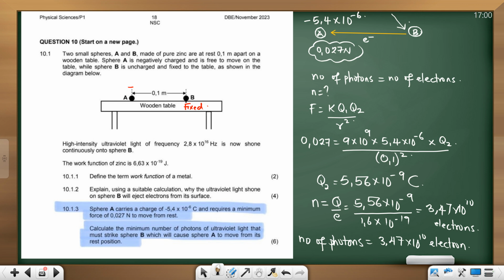So we can simply calculate the number of electrons that will give us that magnitude of charge, 5,56. Okay. Are we okay there? All right, so we get the number of electrons, which is the same as the number of photons.